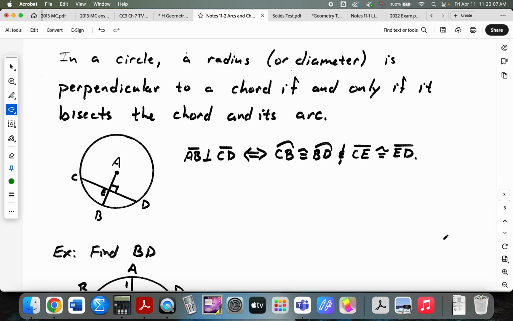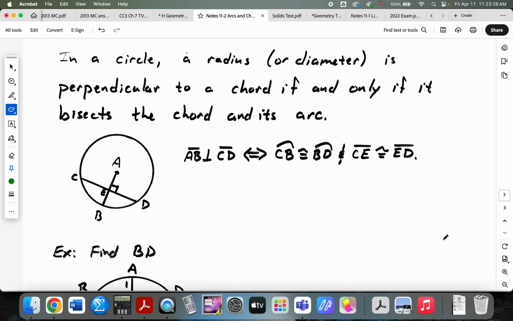In a circle, a radius or a diameter, because a radius is a part of a diameter, is perpendicular to a chord if and only if, remember that means it works in both directions, it bisects the chord and it also bisects the arc.